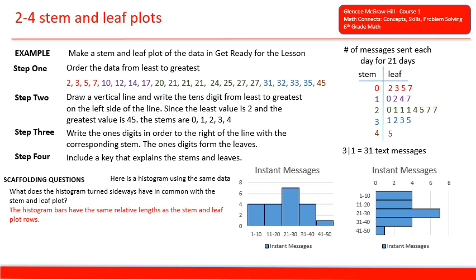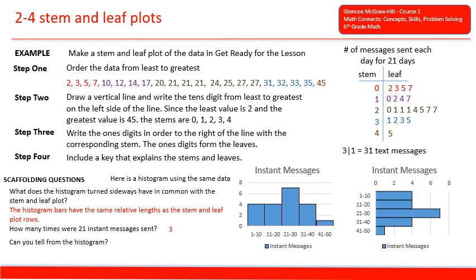If you look at 1 to 10, which is the 0 stem, it is the same length as the 1 stem, or 11 to 20 down below. 21 to 30 is the longest one, and up top you'll notice that the stem of 2 is the longest one. So how many times were 21 instant messages sent?